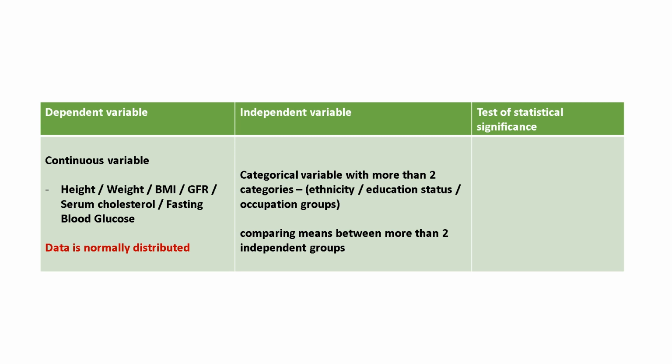Education status can have more than two categories: uneducated, primary school educated, secondary school educated, diploma, degree, postgraduate, like that. Occupation groups can be different, like manual laborer, office job, professionals.